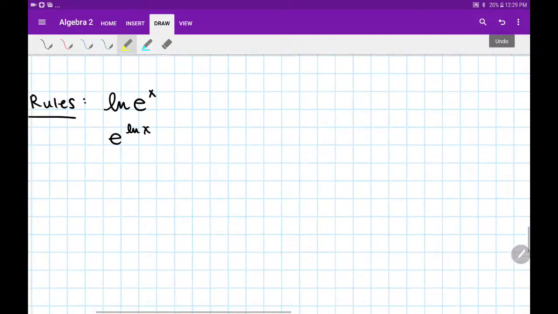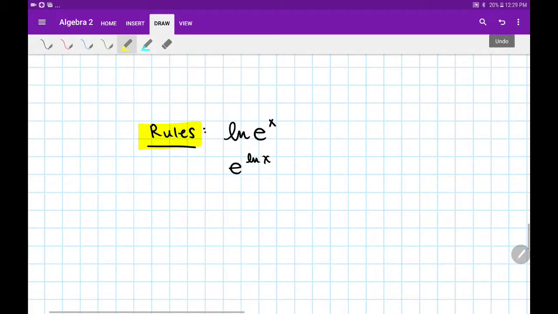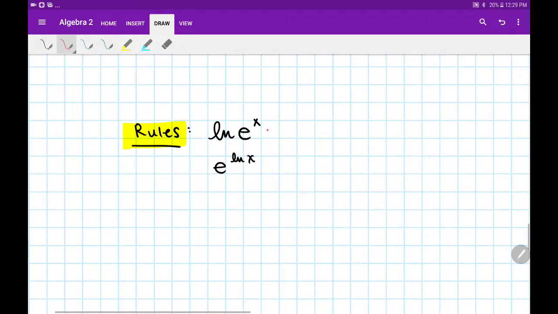If I have ln of e to the x, and I want to see what that is equal to, well, here's the question. If I write my invisible base, the question is e to the which power? Like, e to the what power will give me e to the x.